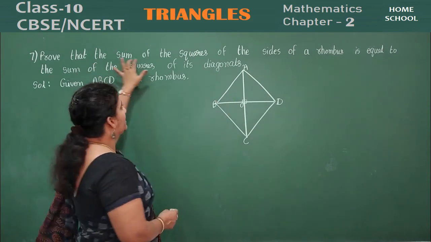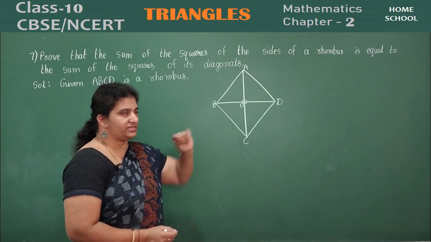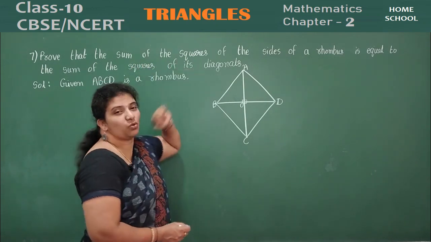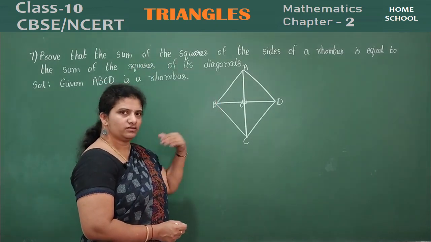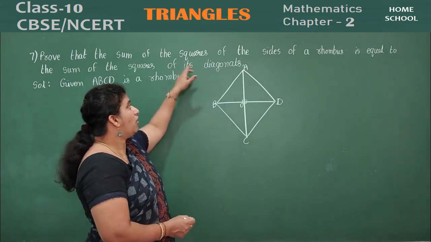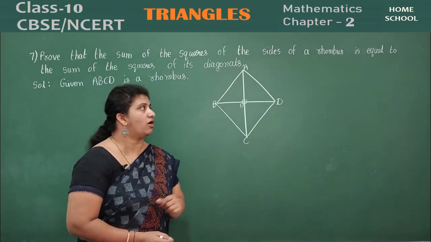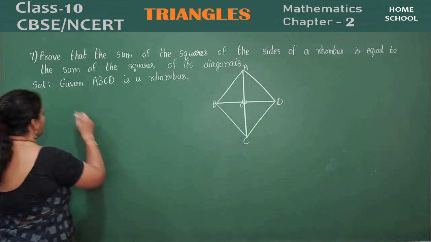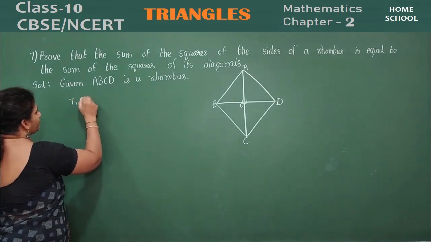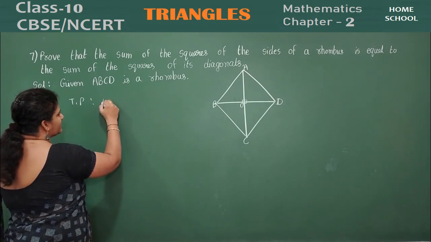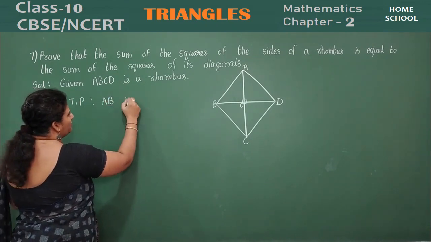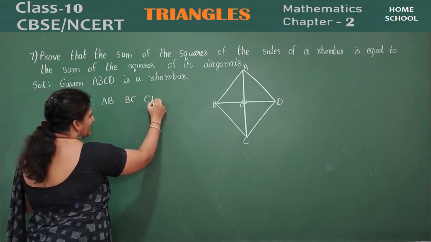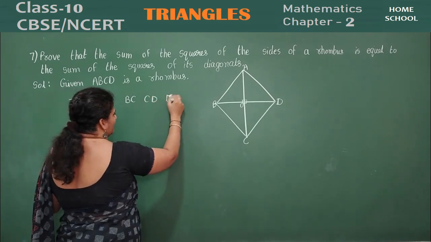So understand here, the sum of the squares means the square of each side of the rhombus. How many sides does it have? 4 sides. So look here, to prove, what are all the sides here? AB, BC, CD and DA.